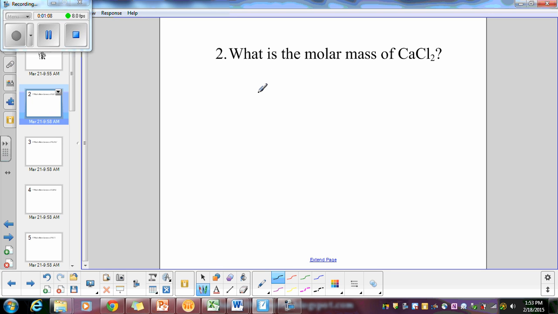Again, we're going to do the molar mass of substances. So for calcium, I have 1 calcium in this formula. And from my periodic table, the mass of calcium is 40.1. So 1 times 40.1. And I have 2 chlorines. Again, that goes with the subscript. The periodic table tells me that the mass of chlorine is 35.5. So I'm going to do 2 times 35.5.